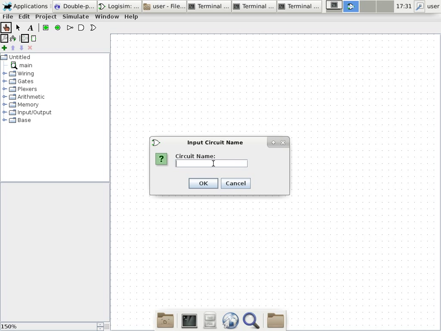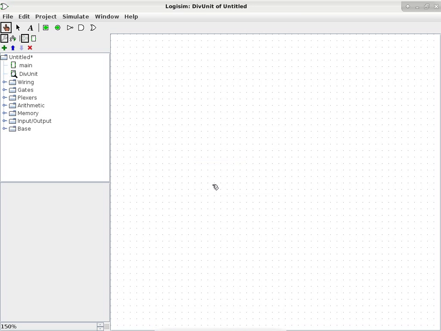I'll say it's a division unit, because it's really just a subcomponent. One thing I know is I have to do a comparison, and then based on the result of the comparison, I have to subtract that many of the divisor from the number that I'm comparing to. Is that okay? All right. So I'll just go ahead and do it.